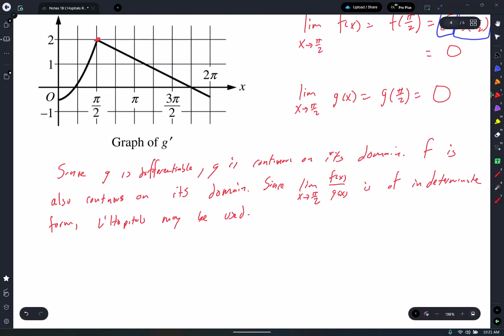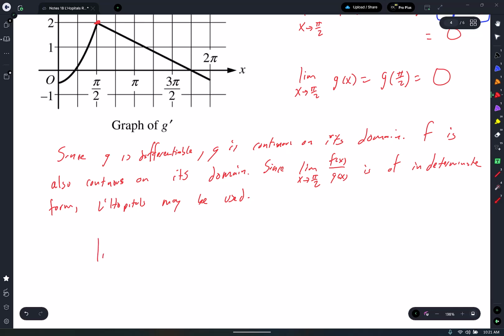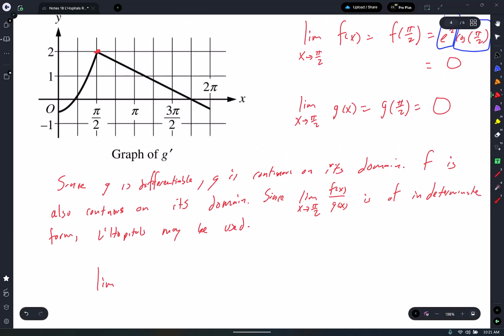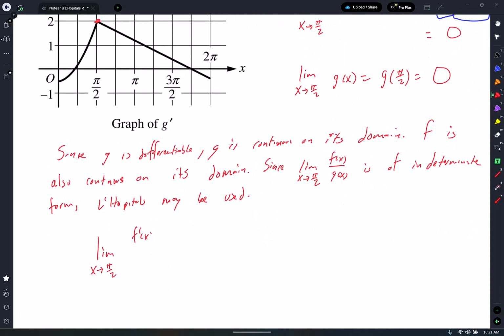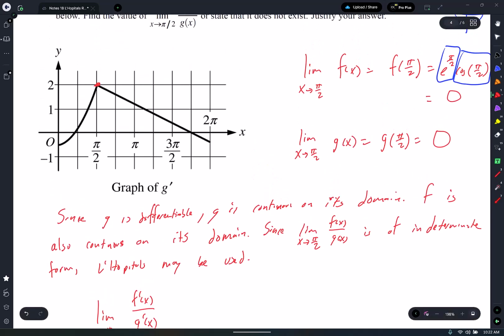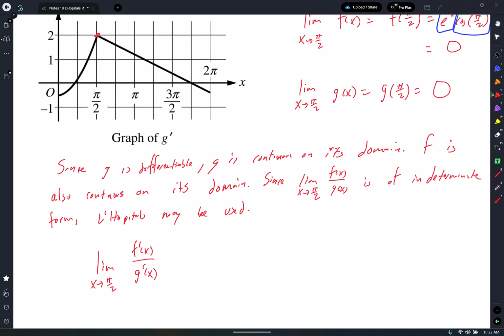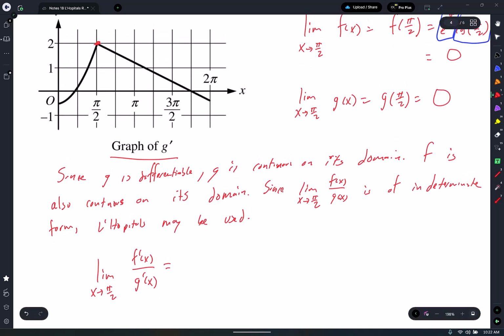Okay. All right, here we go, guys. The limit as x approaches pi over 2 is just f prime of x over g prime of x. That's all it is. So let's see what that is. It equals, I already have g prime, but I don't have f prime.